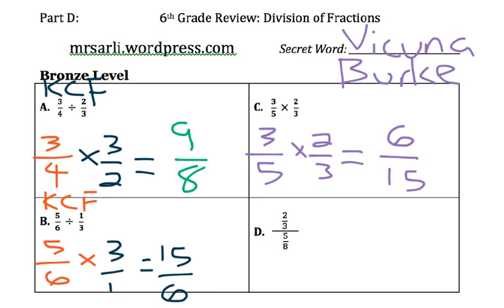You could leave this problem in this form, or you could simplify it. 15/6, if you divide by 3 over 3, you would get 5/2. And we've done so much with mixed numbers in this past second unit, that's the same as 2.5.